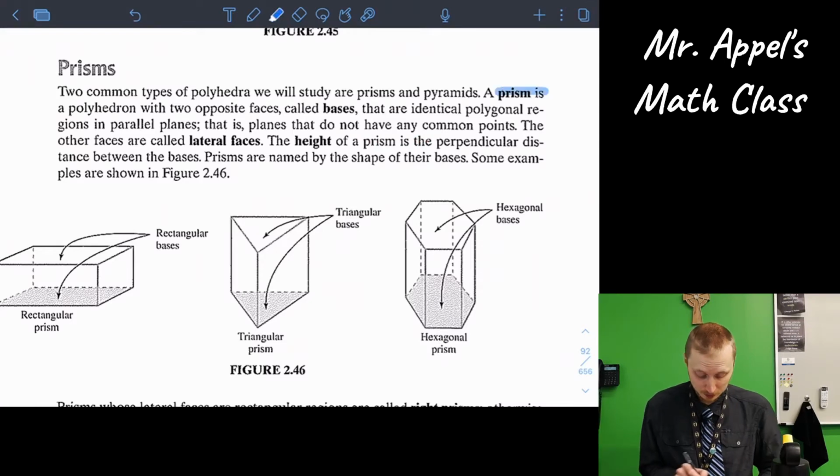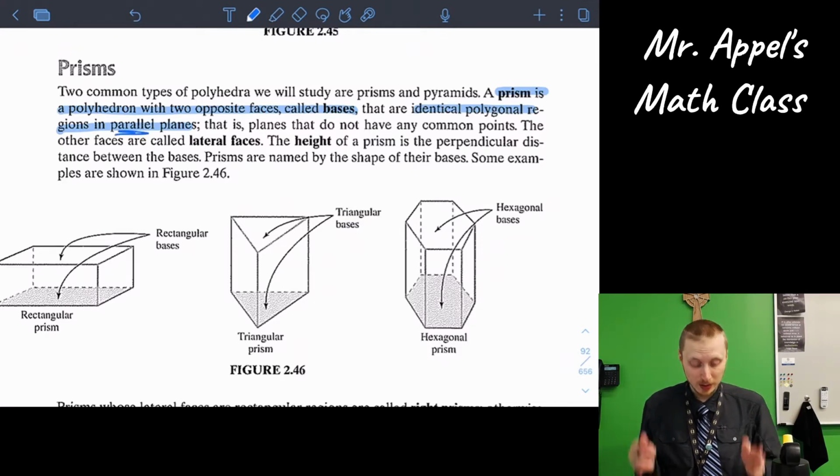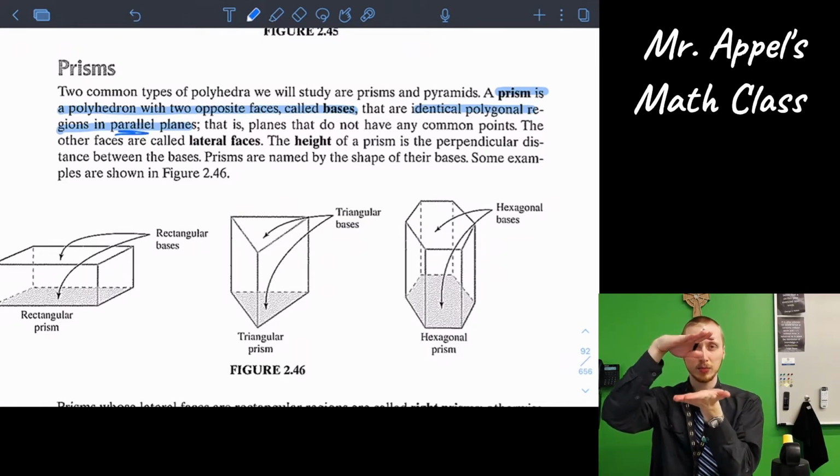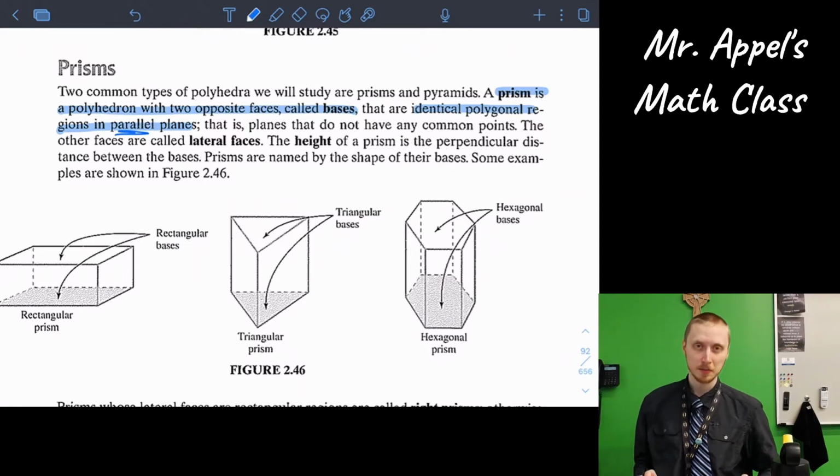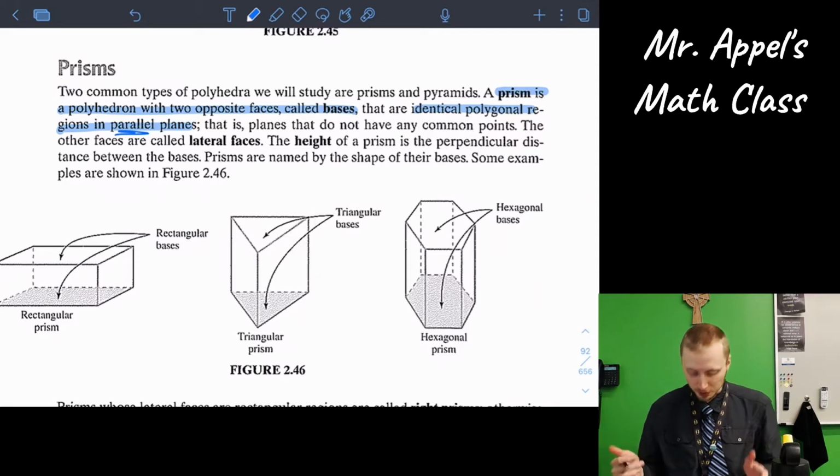Okay, that's important. Two opposite faces, we call the bases. Identical polygonal regions that are parallel, okay? So two identical parallel polygons, and then they have to be connected, of course, to create the full enclosed three-dimensional shape that is the polyhedron.